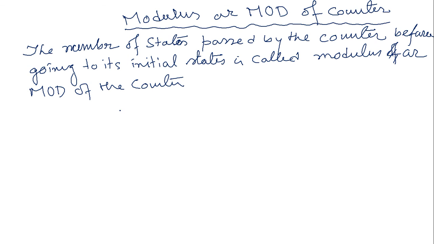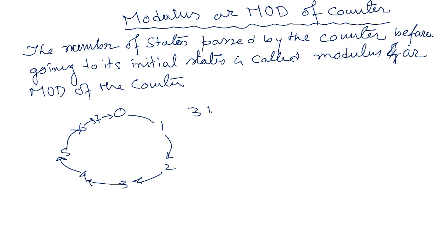Say if I start from 0 to 7: 0 to 1, 1 to 2, 2 to 3, 3 to 4, 4 to 5, 5 to 6, 6 to 7, 7 to 0. So I am talking about a 3-bit counter.